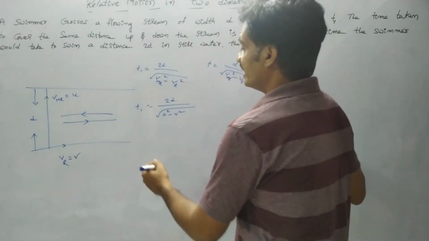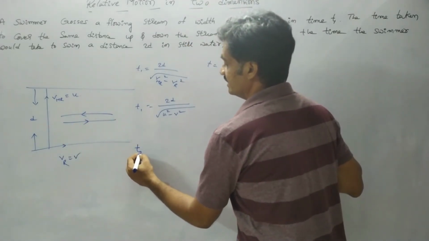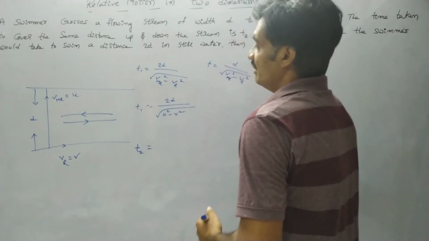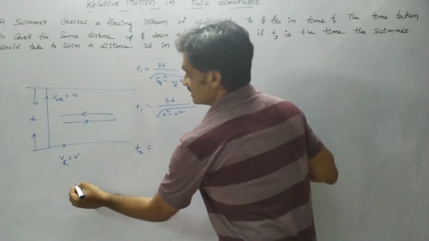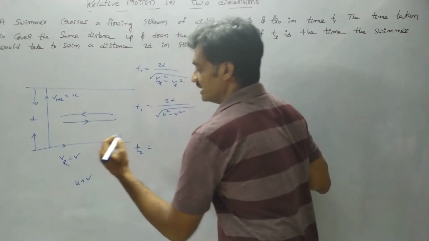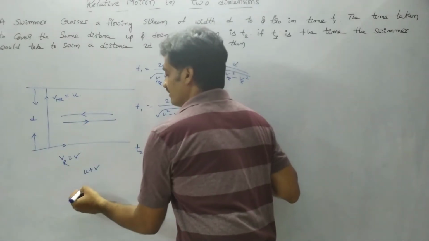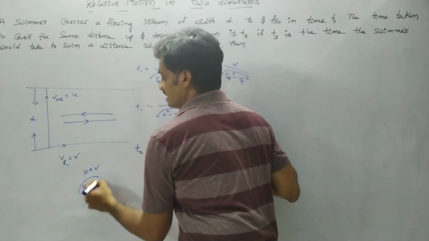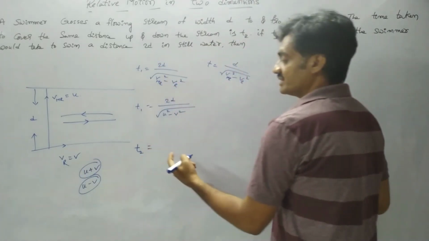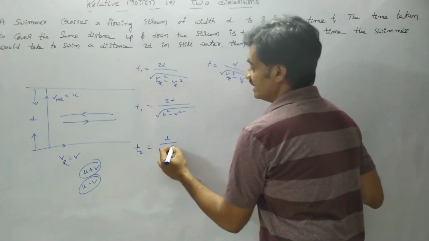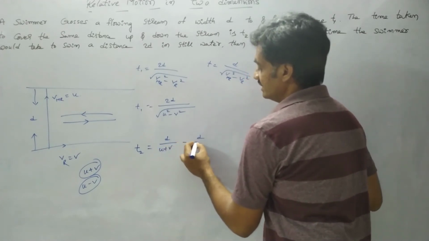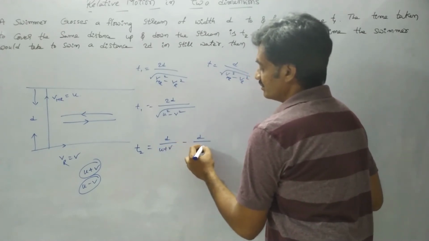So the time taken in this case is represented as T2 equals, when the person is traveling up the stream, the relative velocity is u plus v, and when traveling down the stream, it is u minus v. Then we can represent it as T2 equals d by u plus v plus d by u minus v.